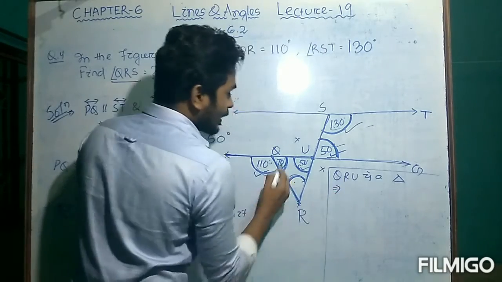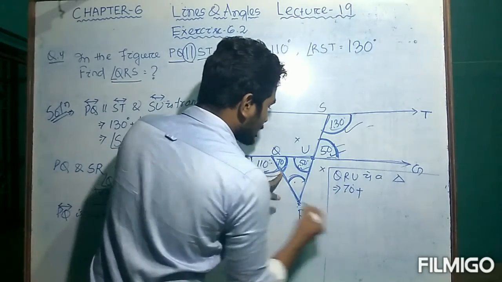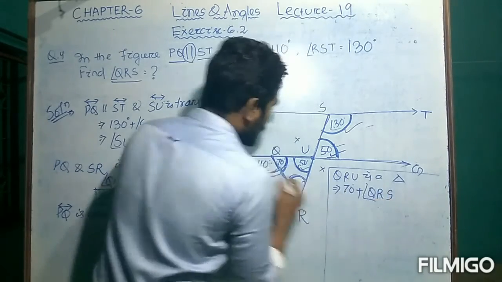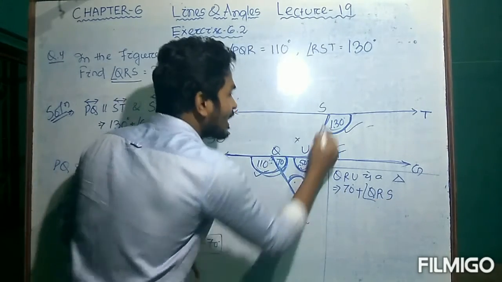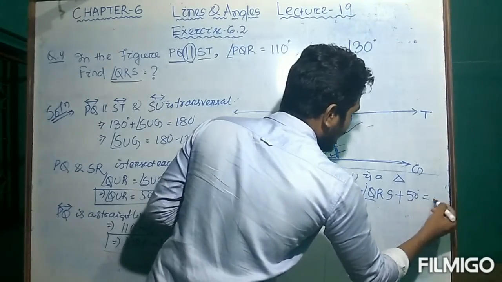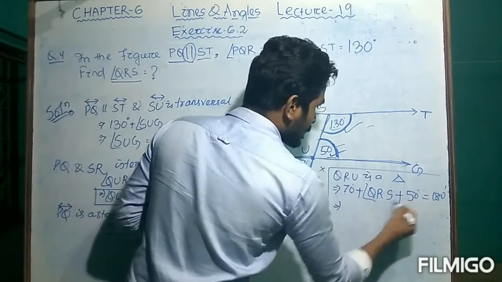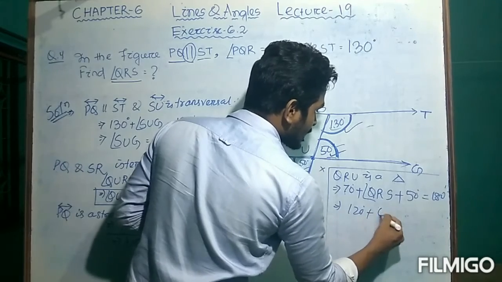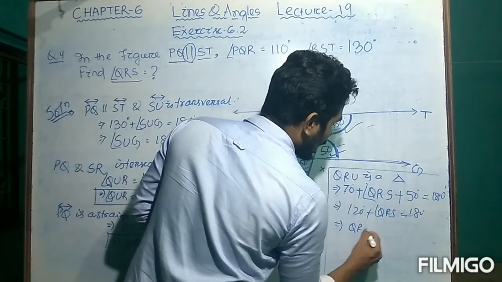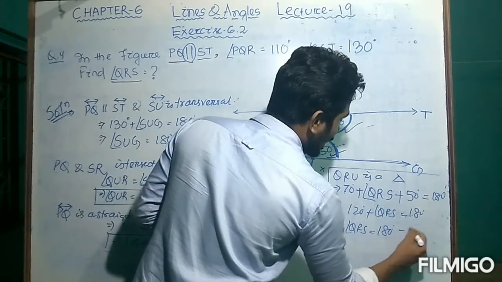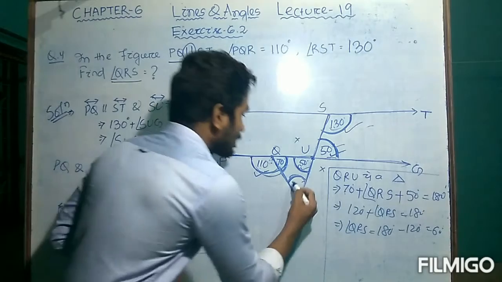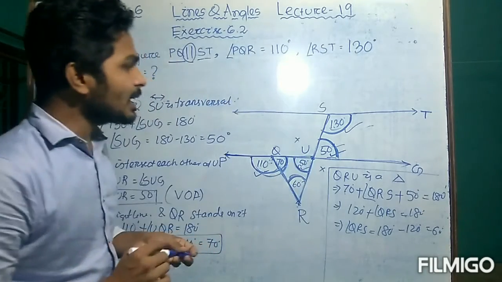So we can write that this angle, QRS or QRU, plus this angle plus this angle, three angles are added to give 180 degrees. Now 70 plus 50 is 120, plus QRS is equal to 180 degrees. Hence QRS is equal to 180 degrees minus 120 degrees, that is 60 degrees. Okay? Hence you find the value of the angle QRS.